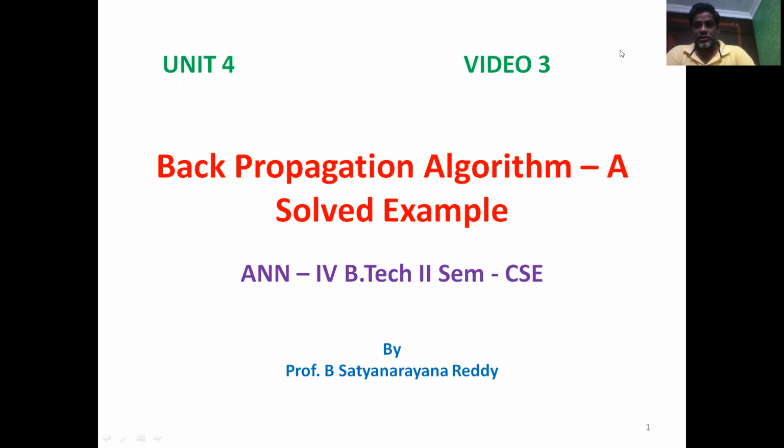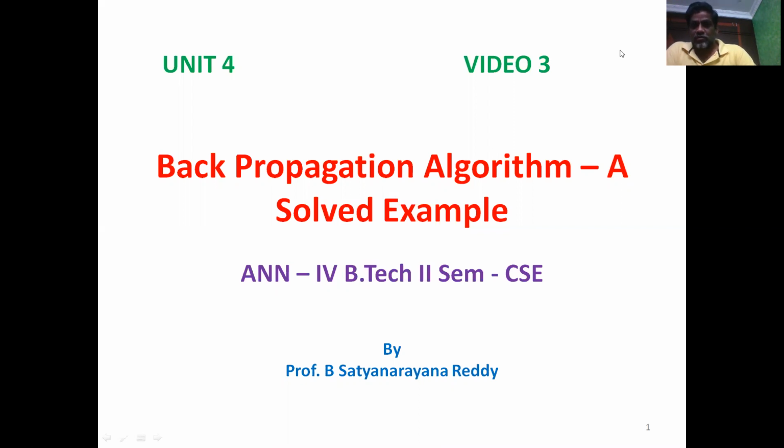So in our previous sessions on unit 4, we have discussed what multi-layer feed-forward neural networks are. And then we went through the steps used in the backpropagation algorithm in our previous class.